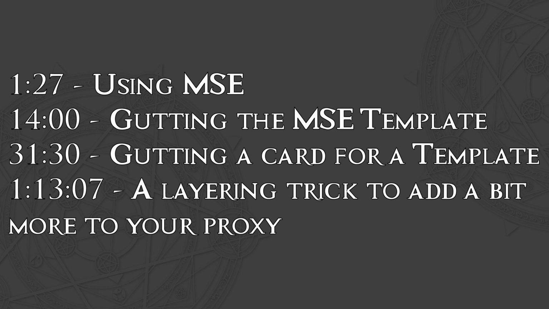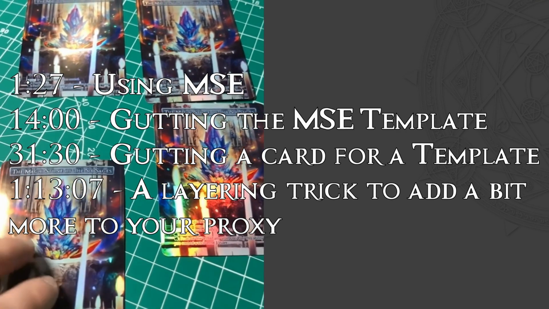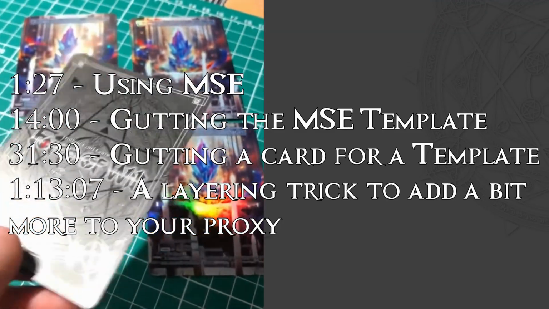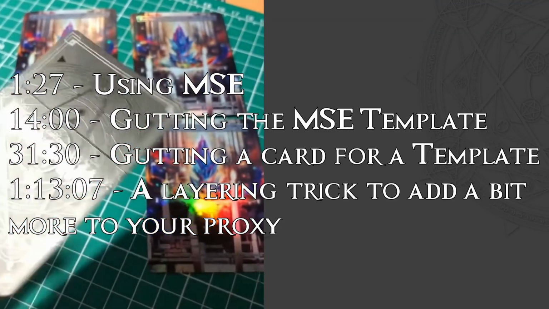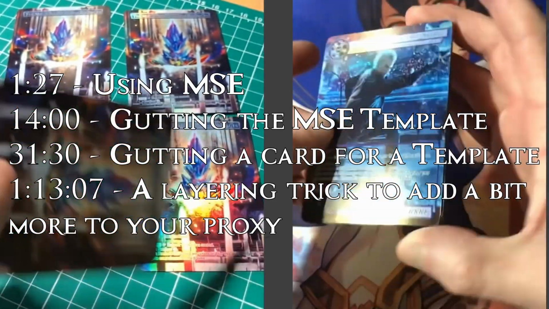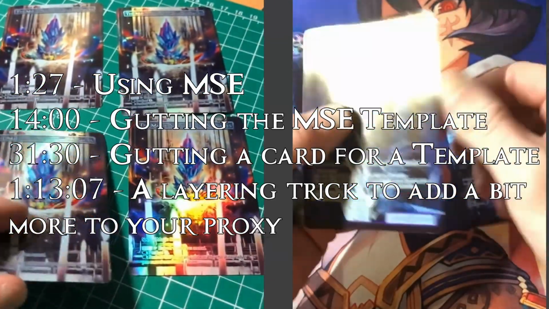Here are some rough timestamps for the different things. Starting out, I'll show you how to use MSE with the Force of Will templates. There's also a link in the description for how to download that. The second part will be butchering the template to use it for my own needs.